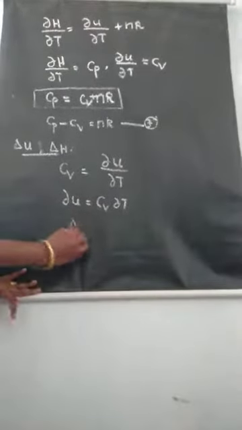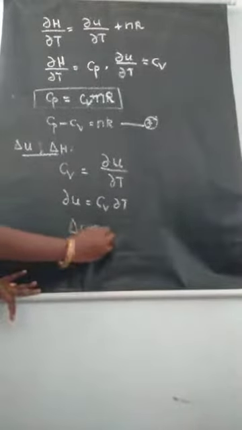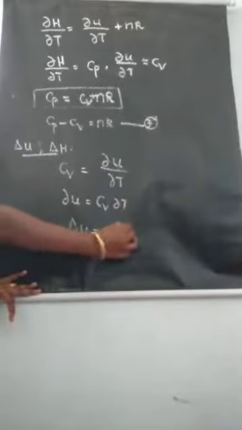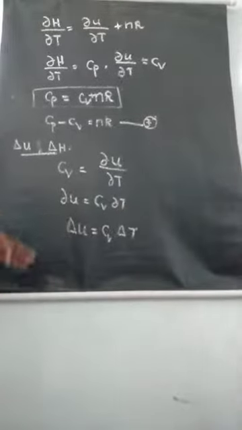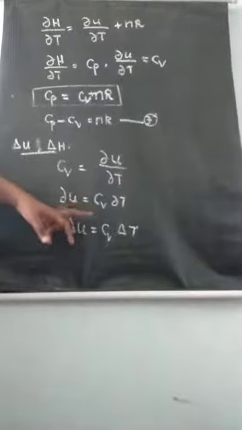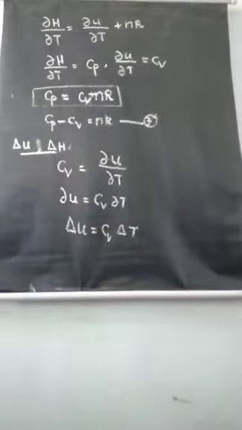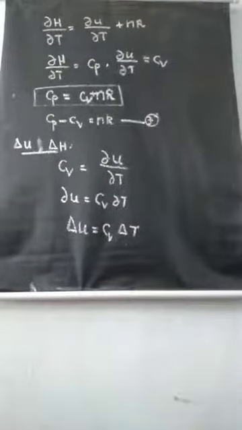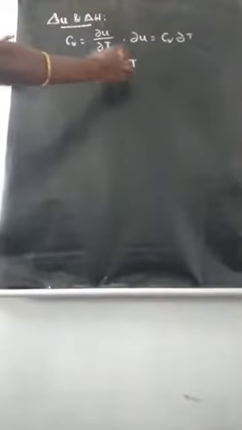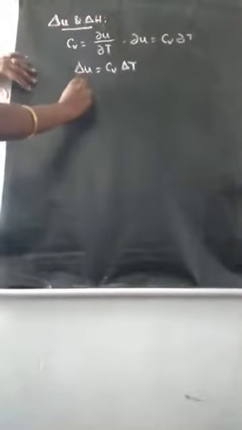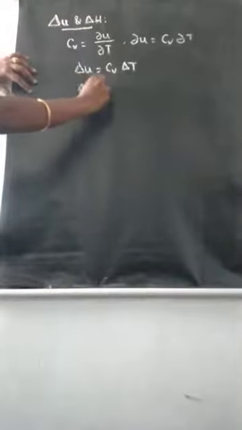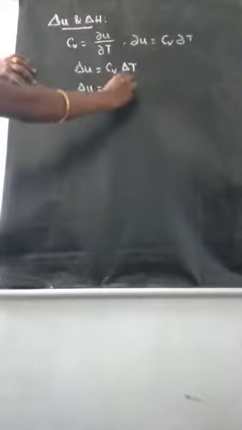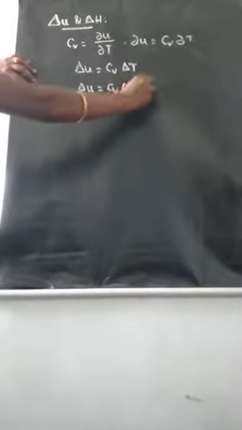So you write the equation: delta U is equal to CV into delta T. Understand this? Here, the delta T formula you already know. Delta T means the difference between final and initial temperature. So delta U is equal to CV into T2 minus T1.